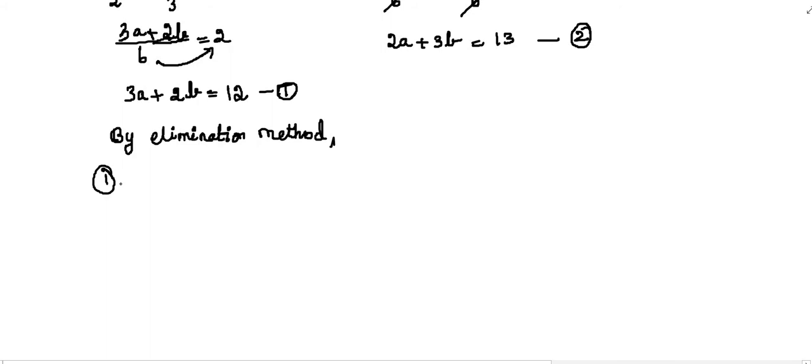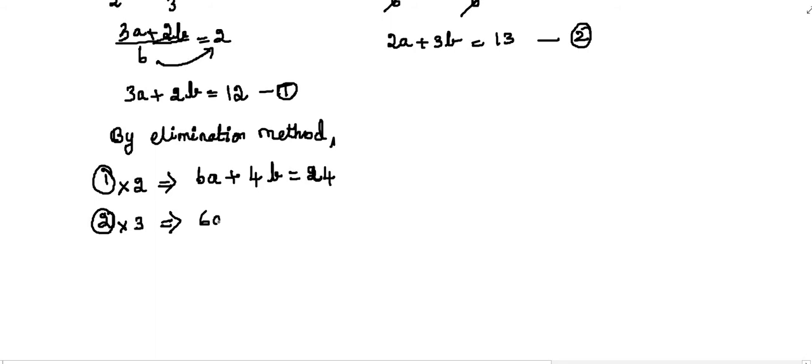So I am going to multiply the first equation with 2. So I'll be getting 6a plus 4b is equal to 24. And in the second equation, I'm going to multiply by 3 to remove the variable a. So I'll be getting 6a plus 9b is equal to 39.